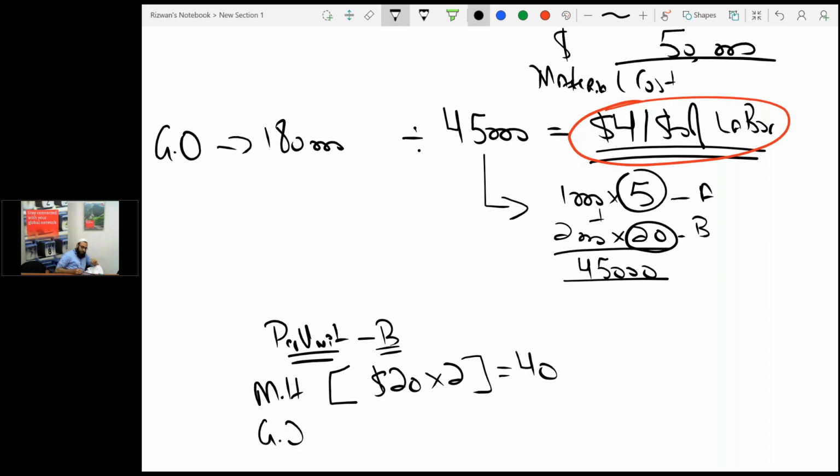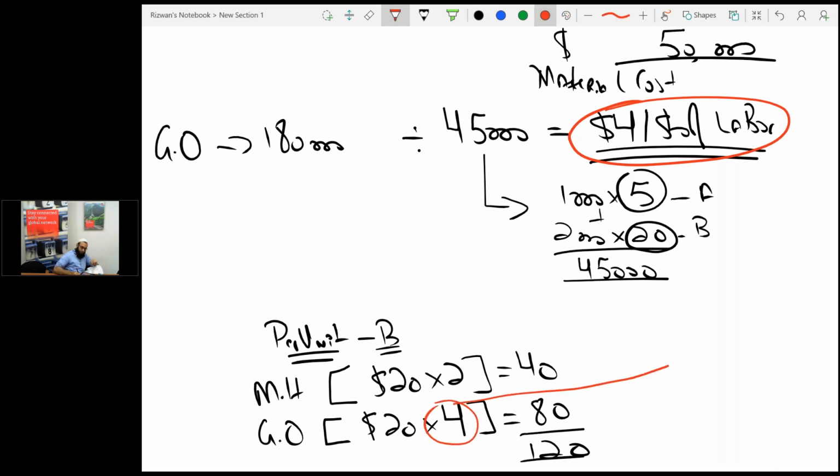For general overheads, it's $20 multiplied by OAR of 4, and it's 80. So it's 120. Okay, so the answer is 120.